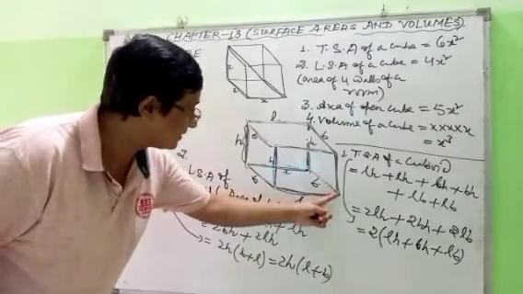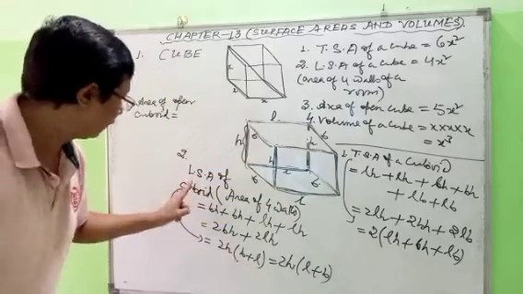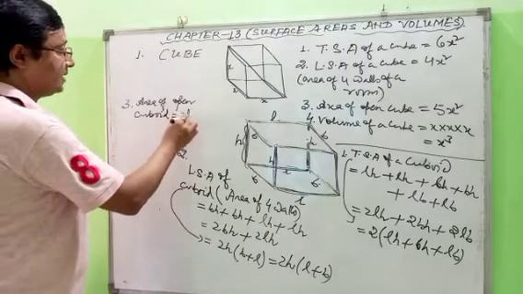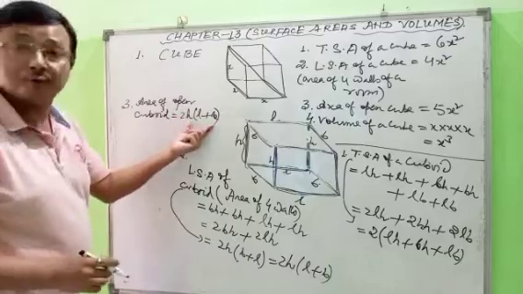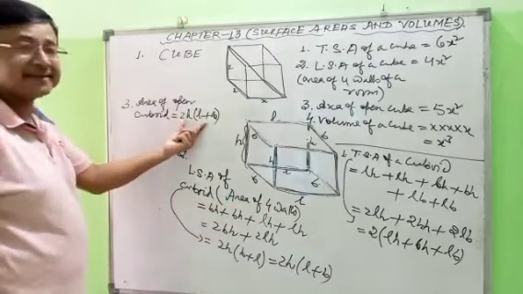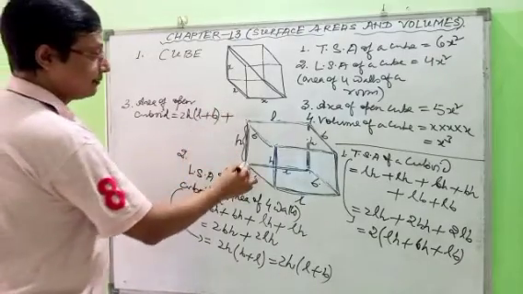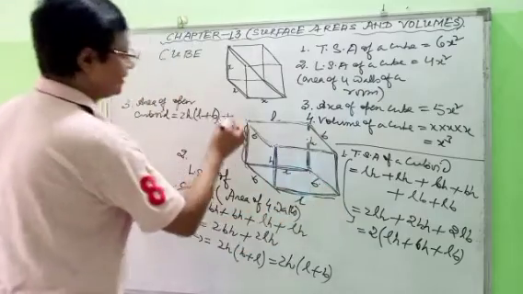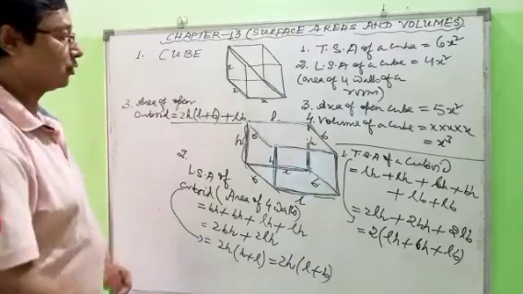So that means the 4 walls is this. So there will be twice height L plus B. Area of the 4 walls, or the lateral surface area, plus the base. This is the base. So length into breadth, plus LB. So you can write this way also.